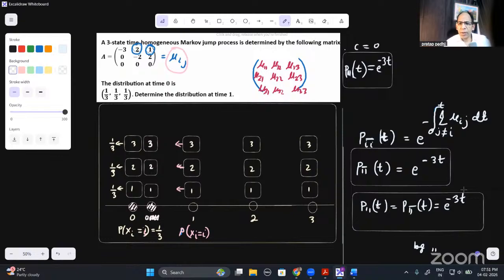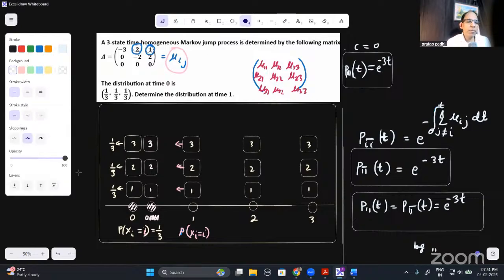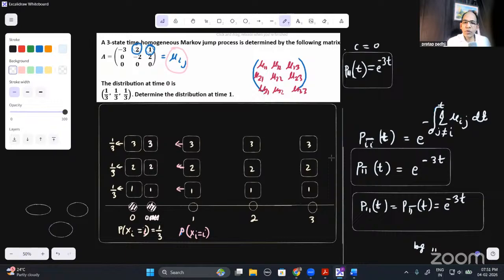So let me summarize everything. Now, why is P11(T) equal to P11 bar(T)? This is because in this example, once you leave, let me write states here, state 1, 2, 3, there is only one way, 1 to 2, 2 to 3, 1 to 3.